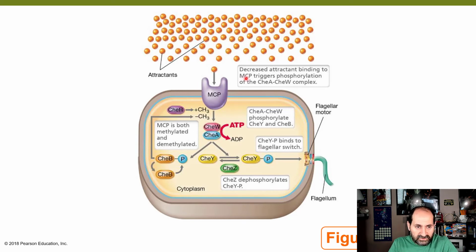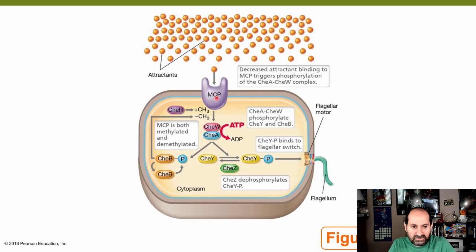So if there's decreased attractant binding to MCP, these are attractant molecules, like let's say glucose, for instance. Decreased attractant binding to MCP triggers phosphorylation of the CheA, CheW complex.